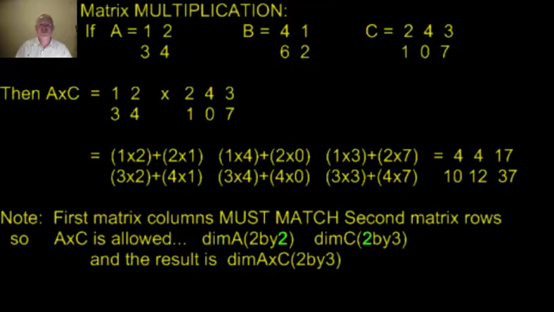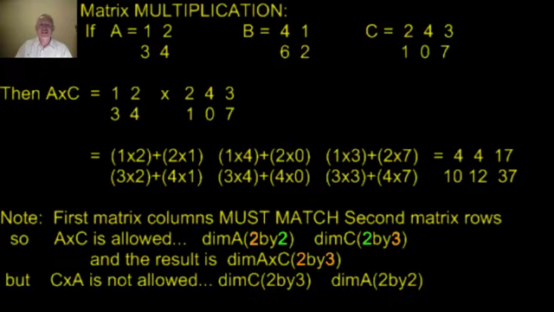Well, that came from where our eyes would be looking. If we looked with our left eye, we looked at the number of rows from the first matrix, and if we also looked at the number of columns from our second matrix, we end up with a 2 by 3 matrix.